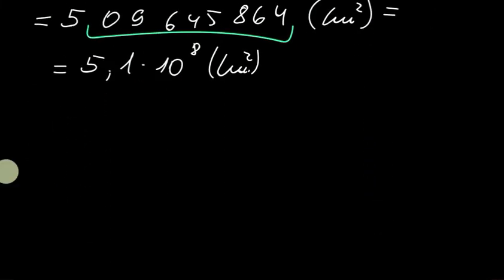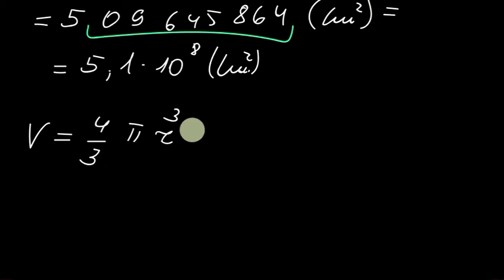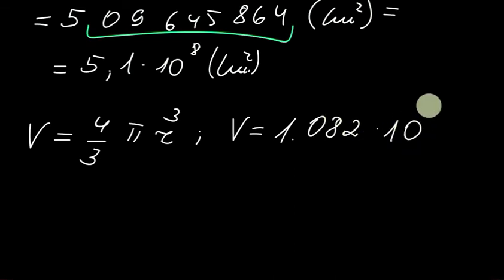Now let's say you are also asked to find a volume. So a formula for volume is 4/3 times pi r cube. So once you did all the steps, the same steps as I did in previous examples of this exercise, you would get that volume is equal to 1.082 times 10 to the 12th power cubic kilometers.